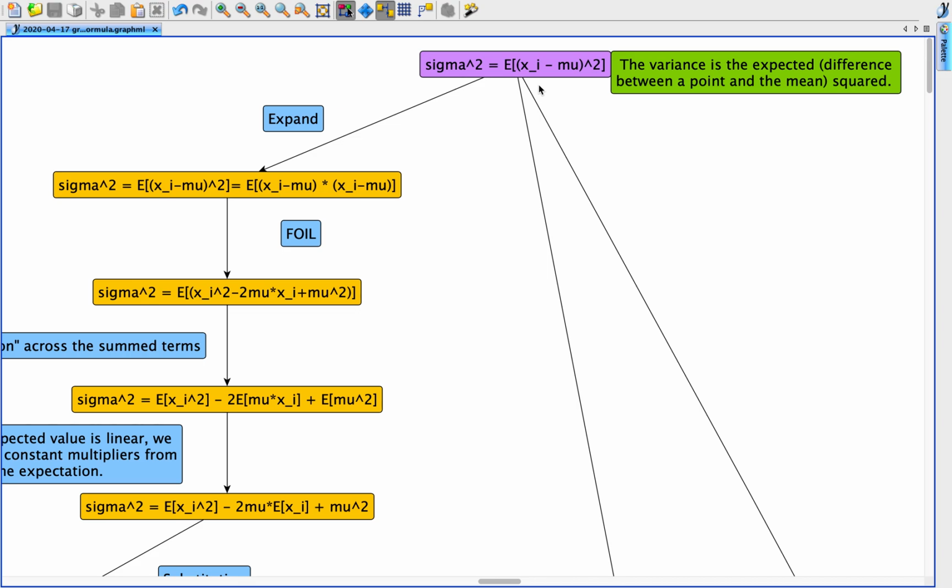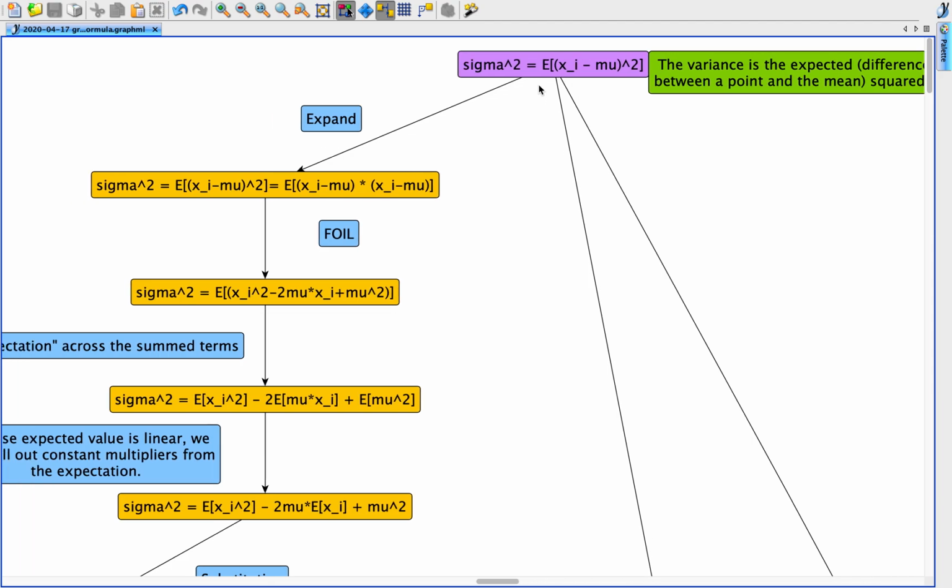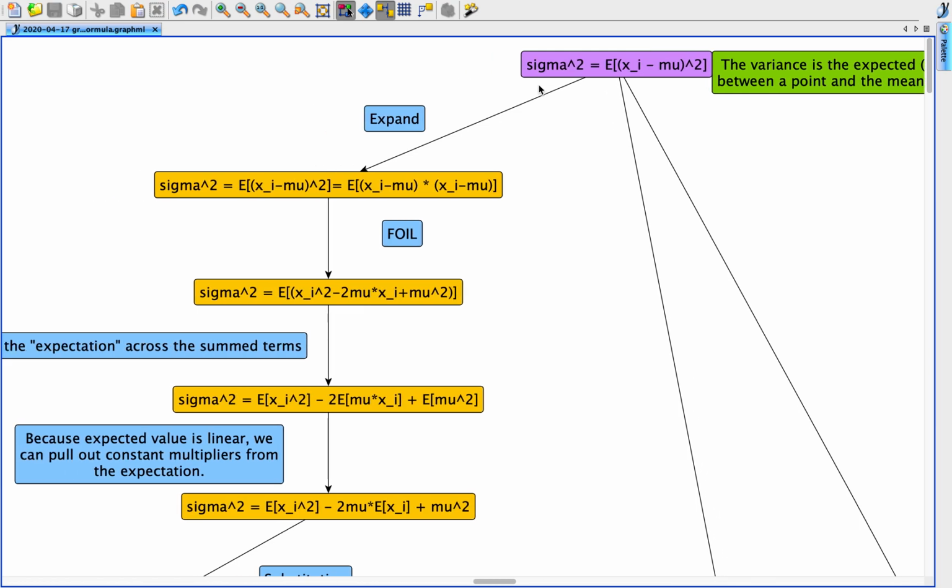If we do this procedure many times, in the limit of doing it infinitely many times, taking a random point, subtracting the mean from it, and squaring that, and we take the average of running that procedure many times, we're going to get sigma squared.